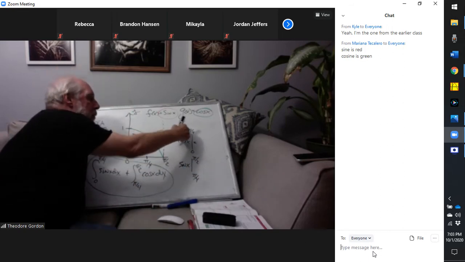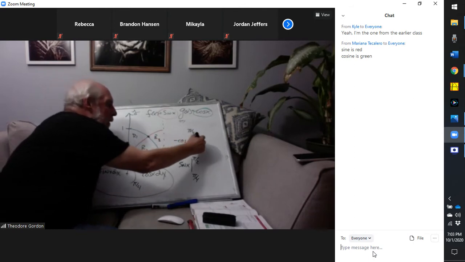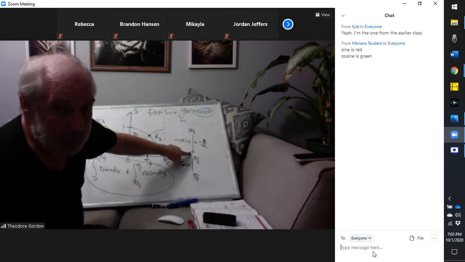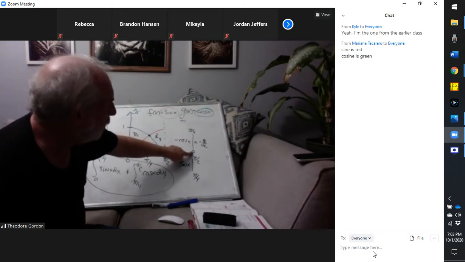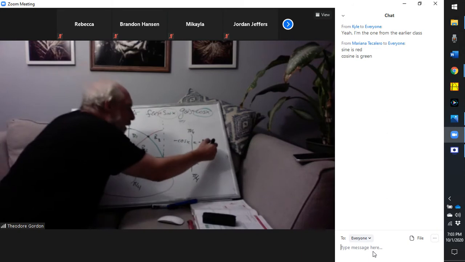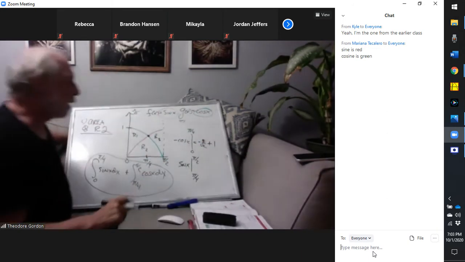So cosine of pi over 4, we get negative 1 over the square root of 2. And here's a case where 0 doesn't give us 0. The cosine of 0 is 1, and this makes it negative, but it becomes positive 1.